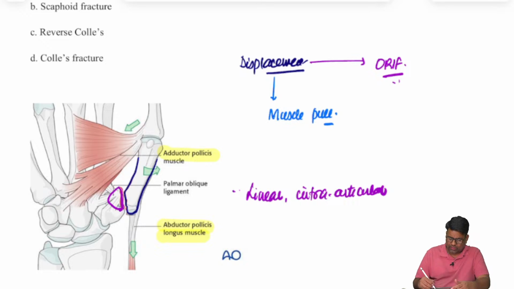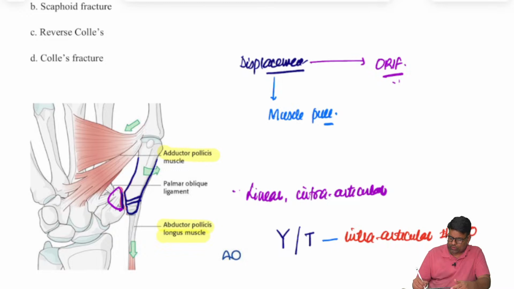There is one variant of this where the fracture line sometimes extends outward, and then the fracture configuration looks like a Y or T. So we say that there is an intraarticular fracture with comminution towards the base of the first metacarpal. Then it is known as Rolando's fracture.